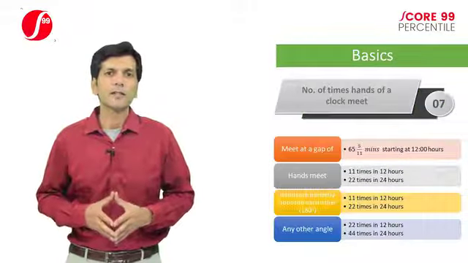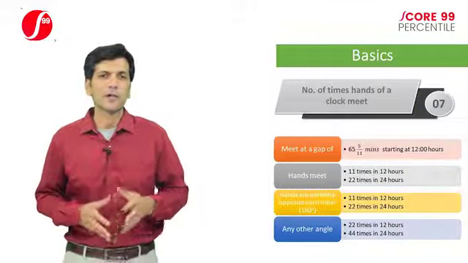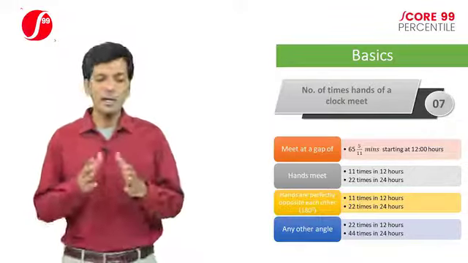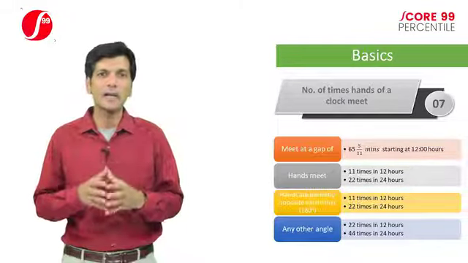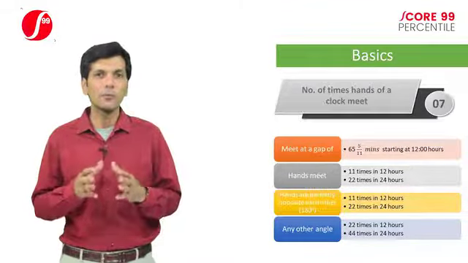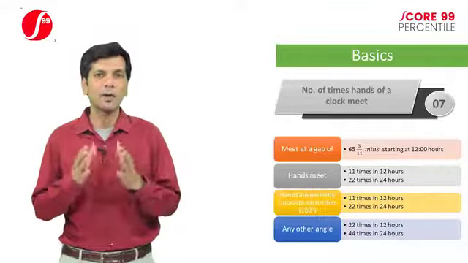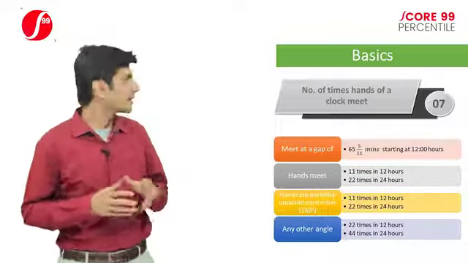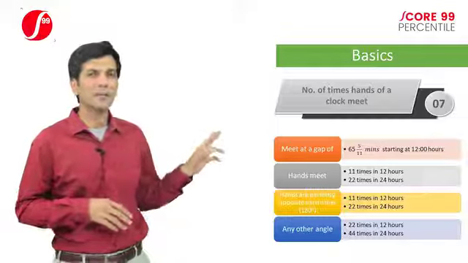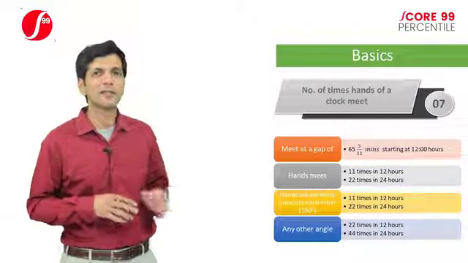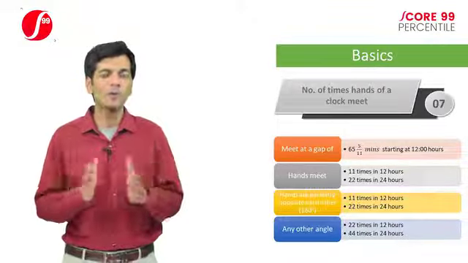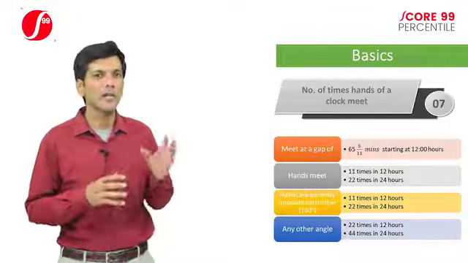Some more crucial points on understanding clocks. Now the first point says, if you are looking at identifying after how much time the hour hand and the minute hand of a clock would meet, they would meet every 65 5/11 minutes starting from 12 o'clock. Now how do you arrive at this value?